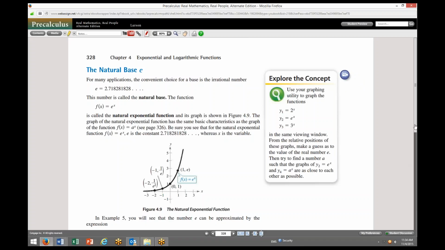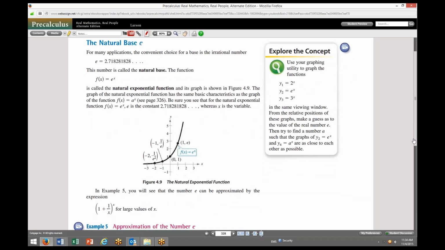Now, I'm going to move on to the natural base E. The natural base E. This bears a little bit of discussion here, because to call an irrational number natural, that's kind of unnatural for most of us, I would suggest.